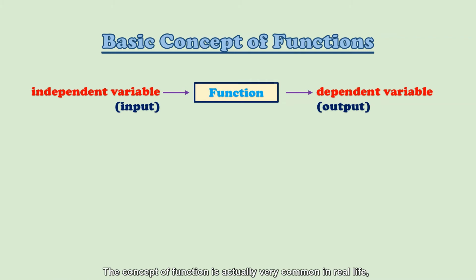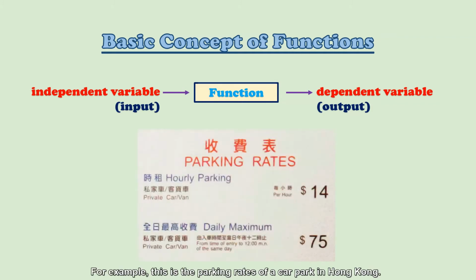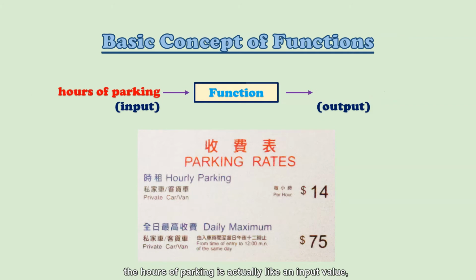The concept of function is actually very common in real life, but we just don't call it function in our daily life. For example, this is the parking rates of a car park in Hong Kong. When we are reading this parking rates, the hours of parking is actually like an input value. And then the parking fee is the result of these hours of parking, so this is the output in this case.